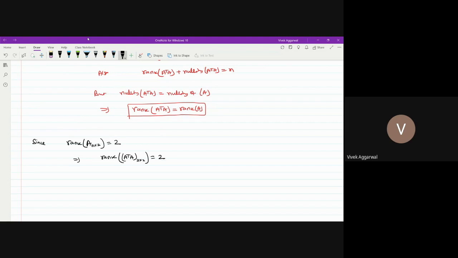And so now from here we can say that the matrix A transpose A is non-singular, because it is of dimension 2 cross 2, from our system 2, the system I have considered.